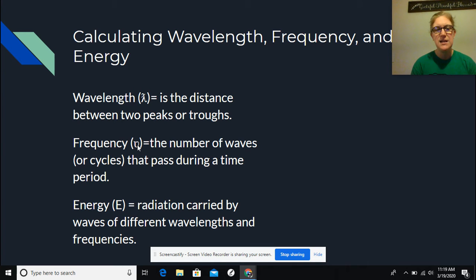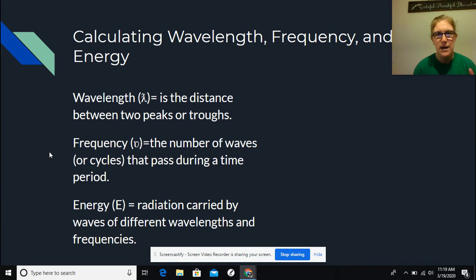Frequency is designated usually by an f in some of the formulas, or this weird little V looking thing, nu. It's the number of waves or cycles that pass through during a time period. And then energy, E, is the radiation carried by waves of different wavelengths and different frequencies.